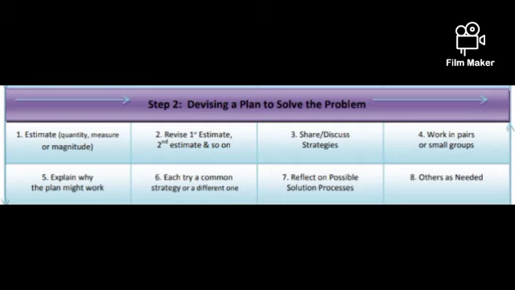And number 4 is the same strategy as for understanding the problem, the first step in the 4-step solution to a problem: work in pairs or small groups, because it is in working with others that you may come up with a better plan.